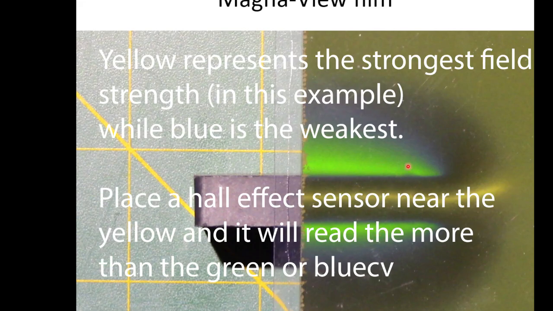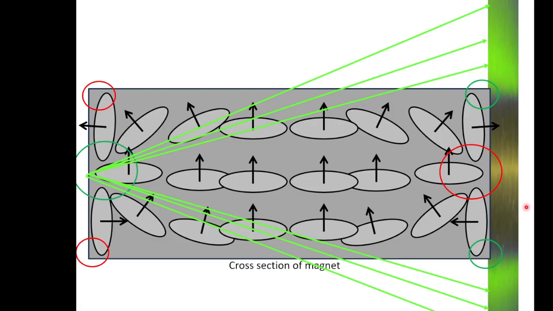Now let me explain to you, we also have this glow here. Let me explain how this is demonstrated. If we take this MagnaView film and show it up against the side, we're looking through the cross section of the magnet now. This is the MagnaView film up on the side. So this yellow is a very, very powerful color, and that's where all of these guys line up. As you get toward the edge, you get a little bit of the halo effect, but more importantly, you get the effect of this edge current on this side, which again is orders of magnitude more powerful than the halo current.